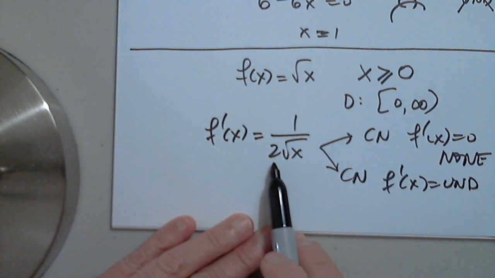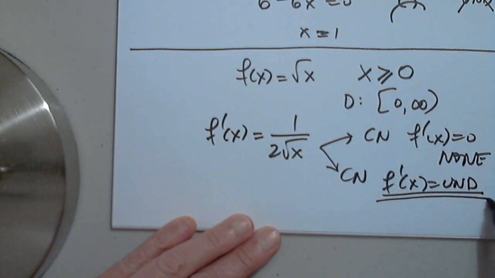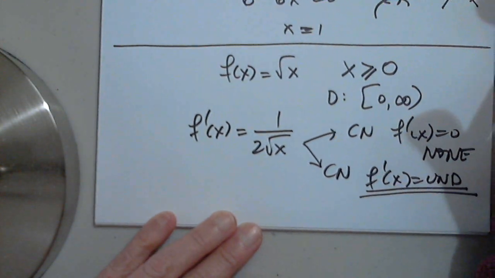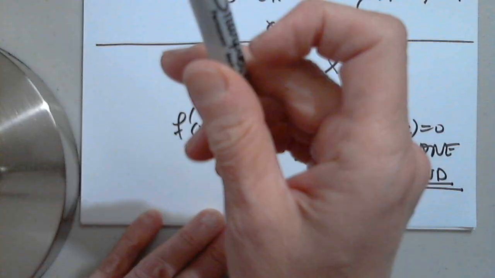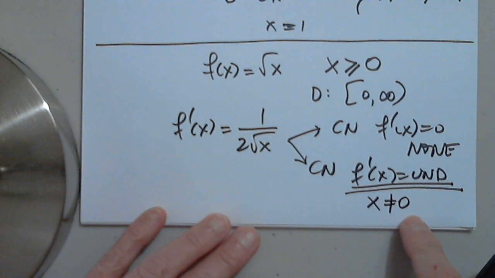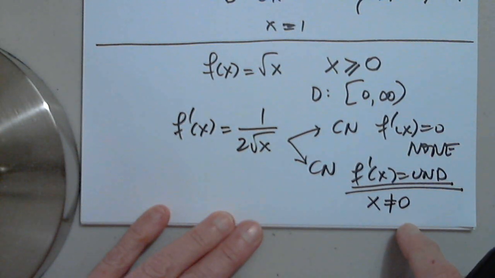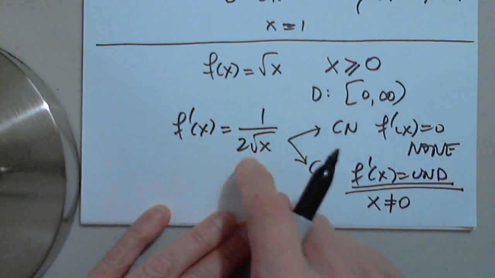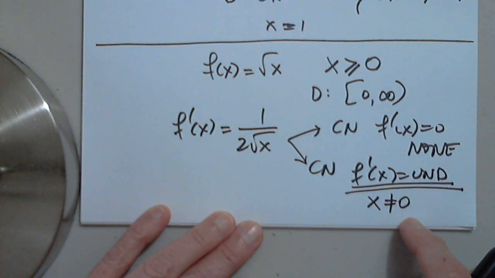But here notice that yes, this exists. There is a value of x where the function exists. So x cannot be 0 in the derivative, but at x equals 0, the function exists and the derivative does not.